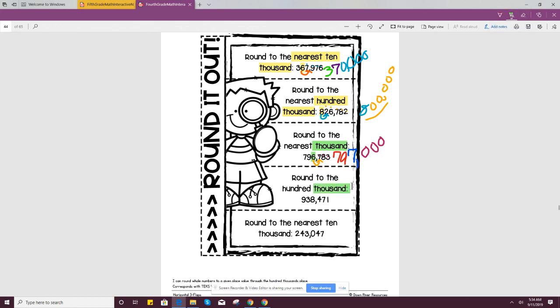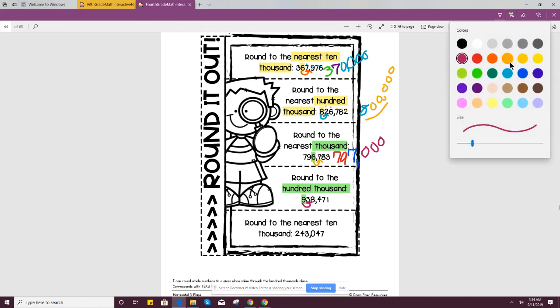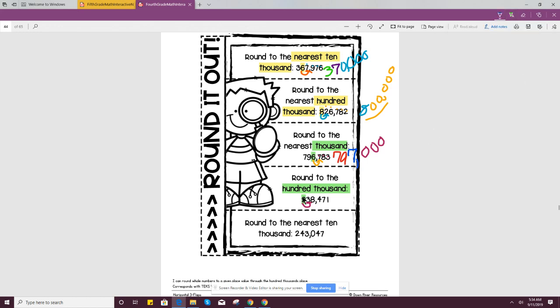Next one, round to the nearest 100,000, which is right there. The digit that determines what happens is the 3. There's not any number in front of the 9, so there's nothing we need to worry about. So now it's time to talk about changing the 9 or leaving it alone. Based on the number behind the 9, it's a 3. Is that more than 5?